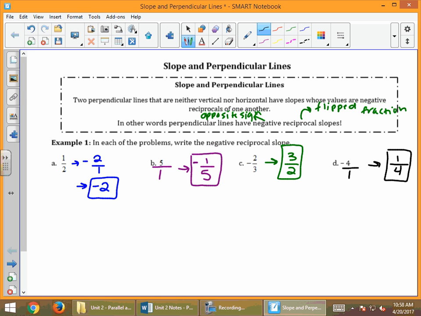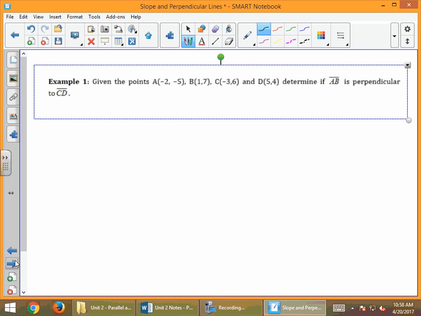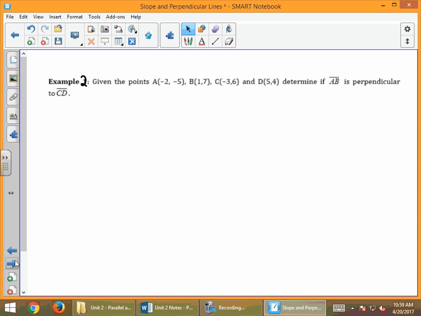Now we're going to apply this in similar problems to what we did in the last lesson. Okay. In example 2, we are given endpoints of 2 lines, and we need to determine if they are perpendicular, meaning negative reciprocal.